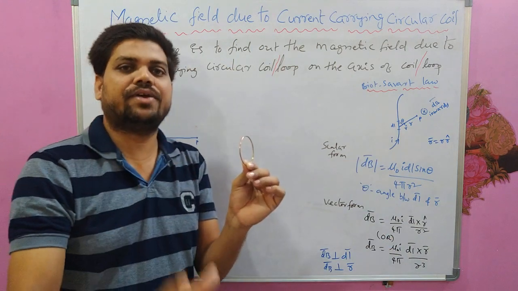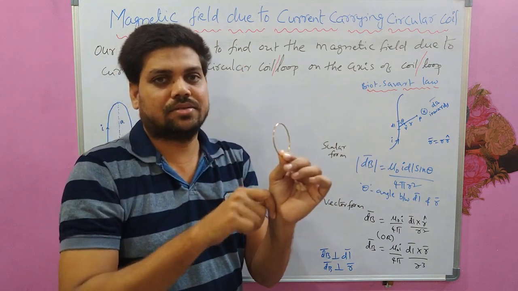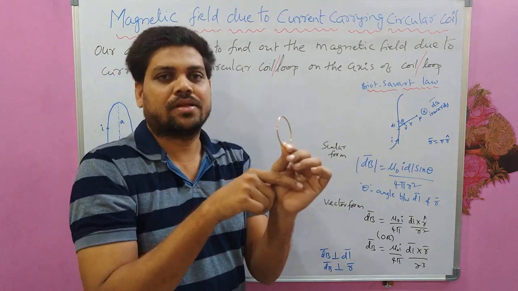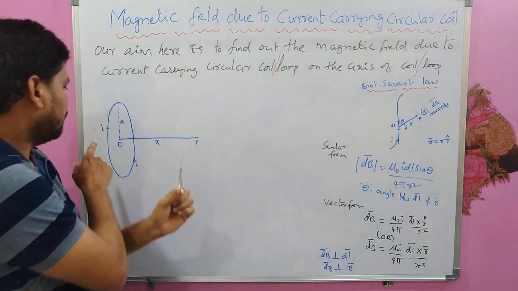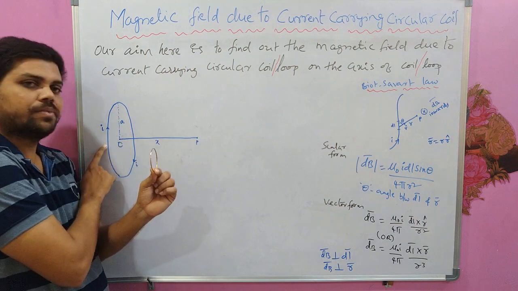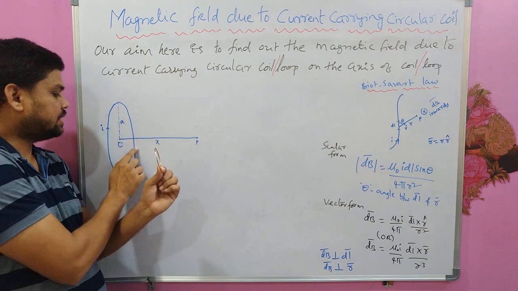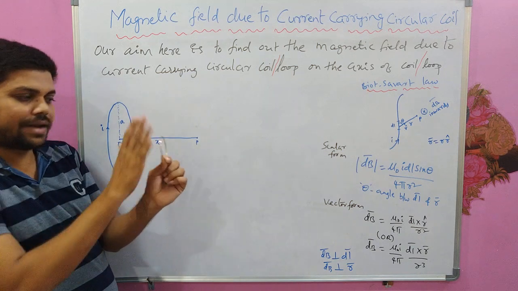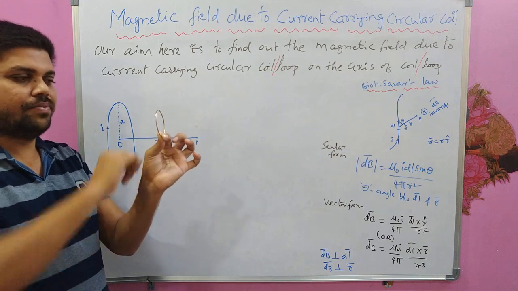So for now, what I am going to assume is this side of this loop is on my left side, and this side of the loop is on my right side. So I am imagining from like this.